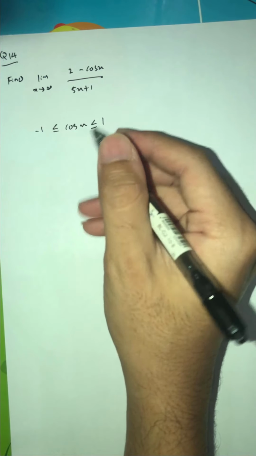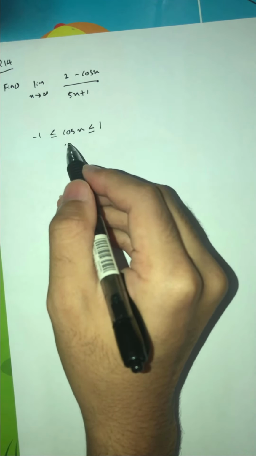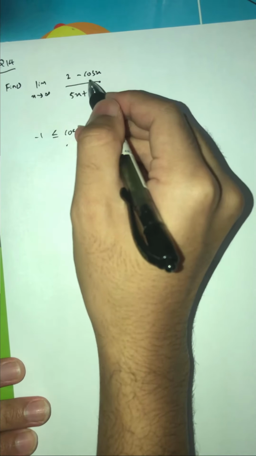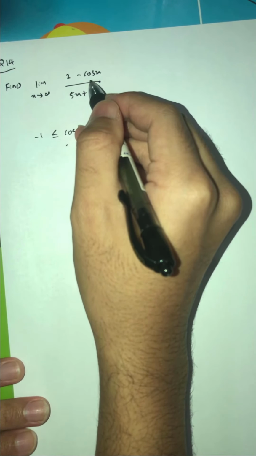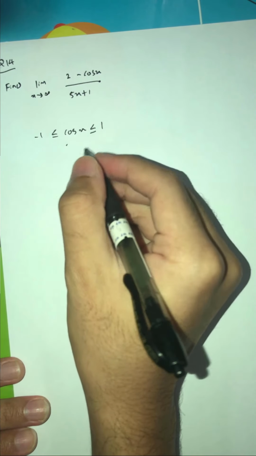So we need to equate everything to this. We have the base squeeze theorem here, but we need to make them equal to this. You need to make sure that the middle part here is equal to this, right? And the left and right parts should follow the same thing.